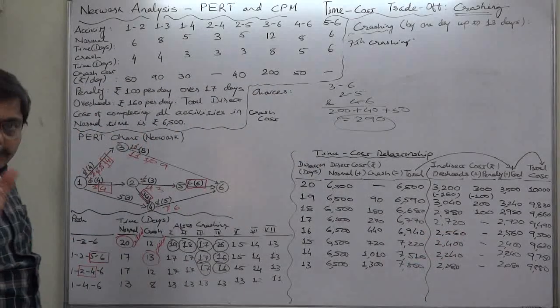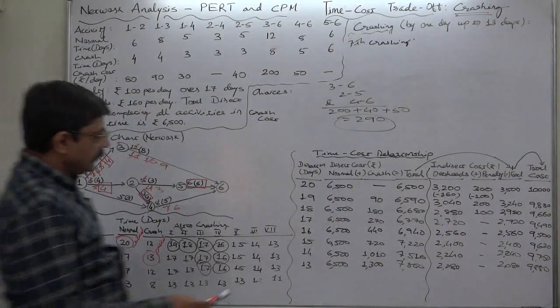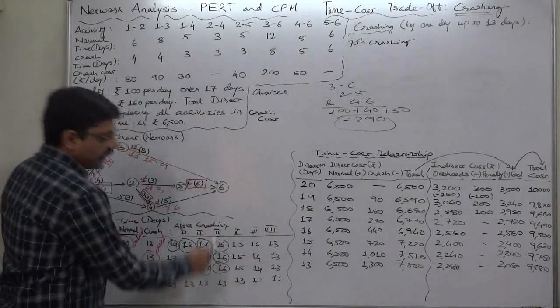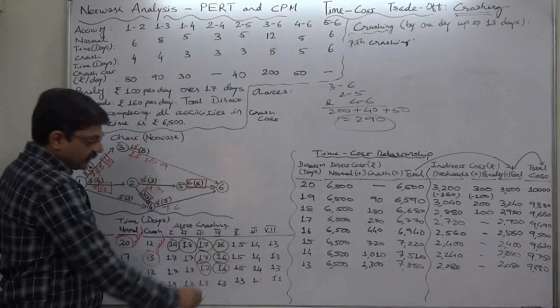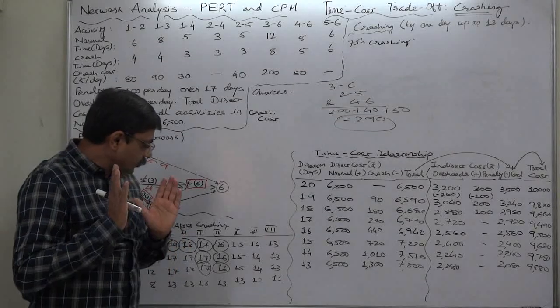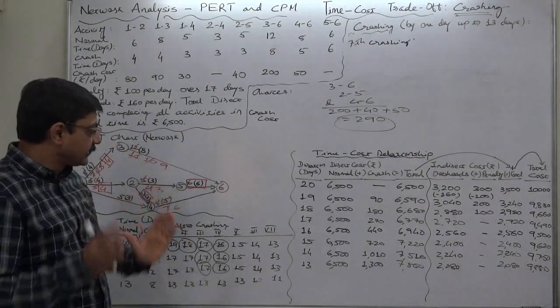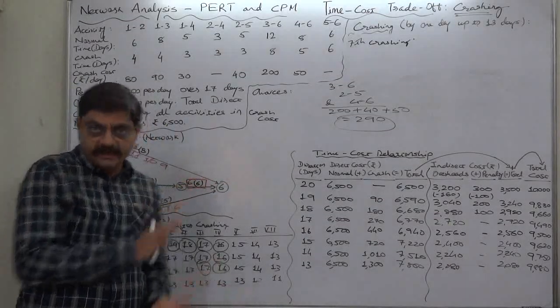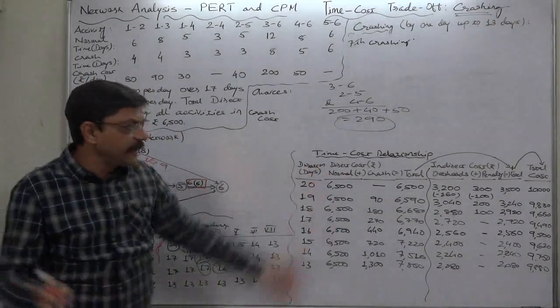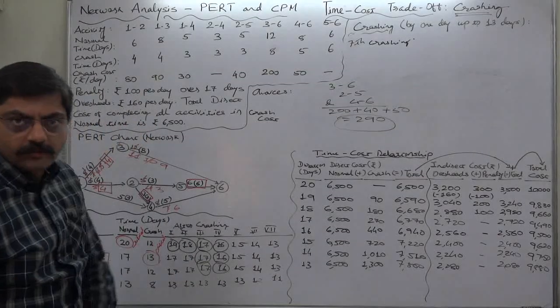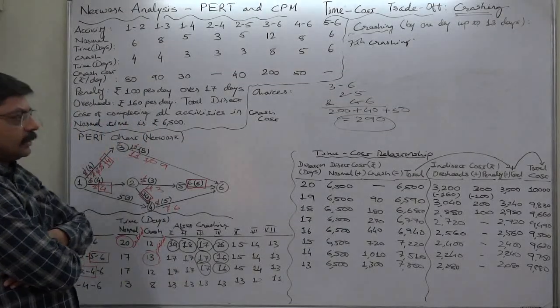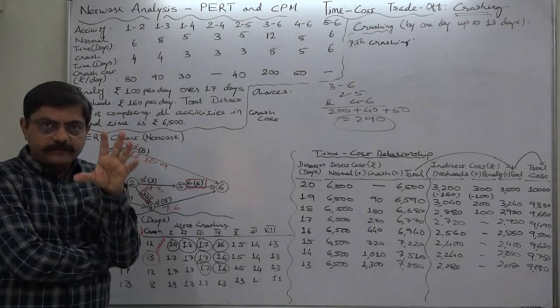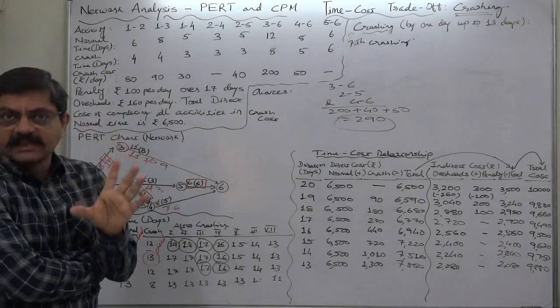You can see that thing from the 4th crashing. From the 4th crashing, the total cost of crashing is greater than the amount of saving in the overheads, as well as the penalty, because penalty has become 0 from 17 days. So the incremental concept is there.